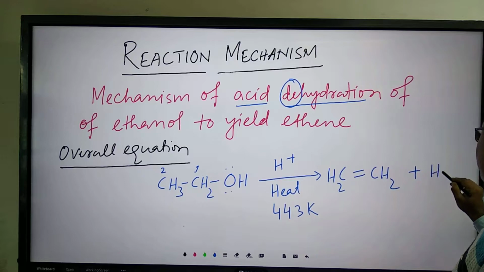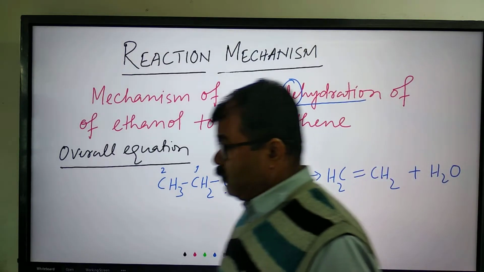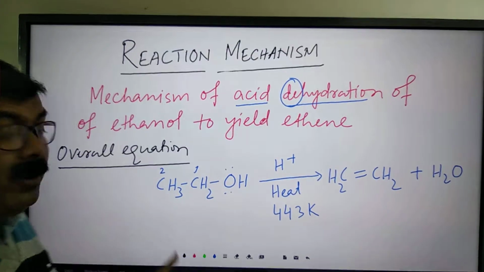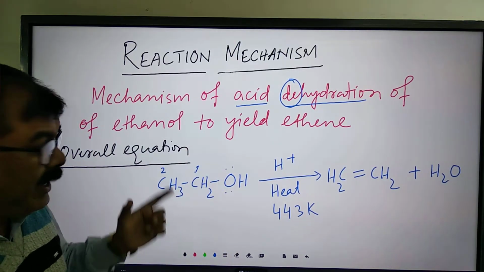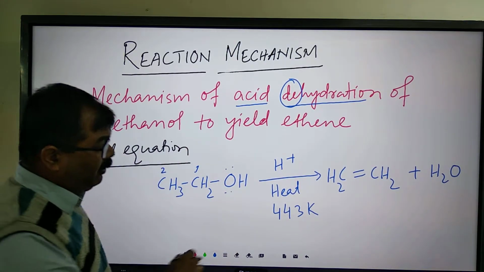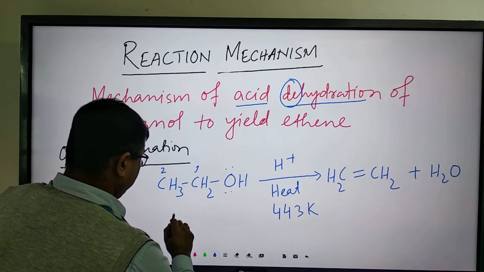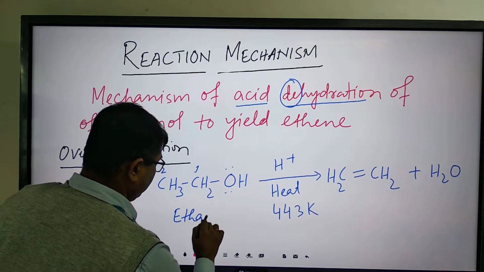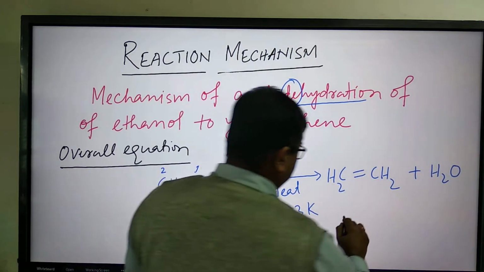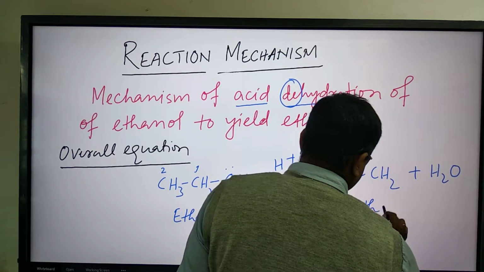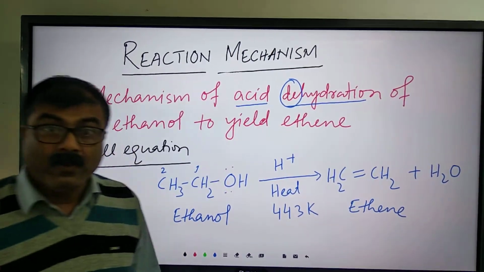So this is the overall equation of acid dehydration of ethanol to give ethene. This is ethanol and this is ethene.